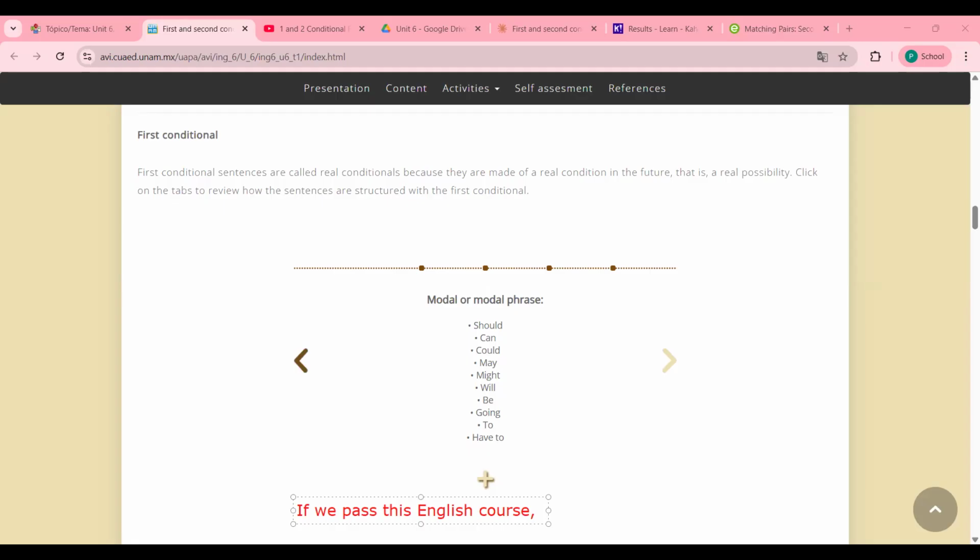My dear students, if we pass this English course, what is the possible result? Your personal result. Maybe Allison, if you pass this English course, what is your possible result?